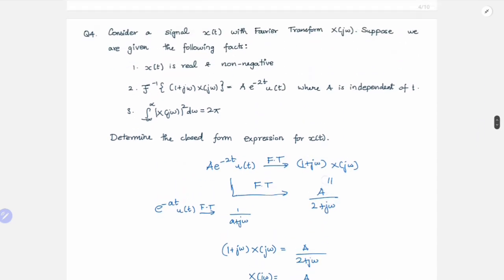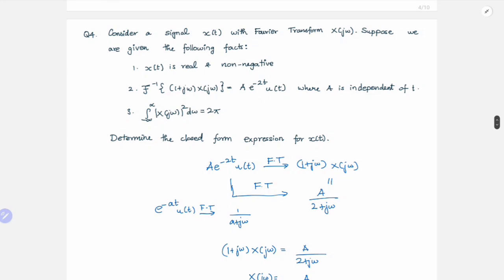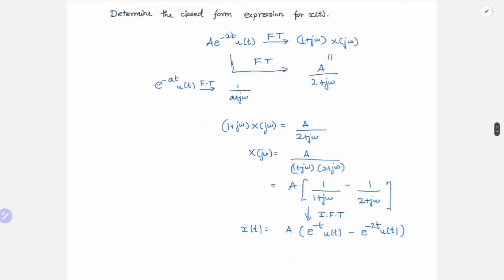Now let us use the condition x of t is real and non-negative. So what can we say about a? a should be real because these are real and a also should be real. So what can we say about the sign of a? Let's observe what happens to e power minus t.